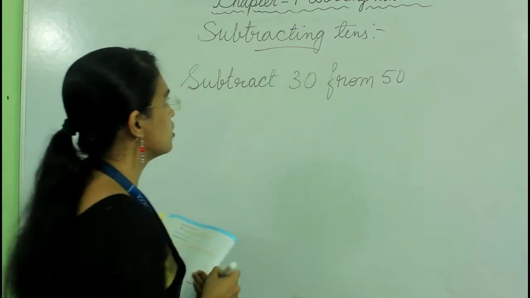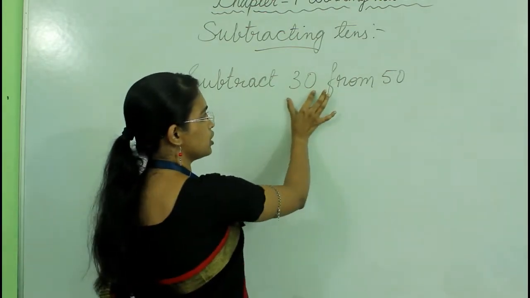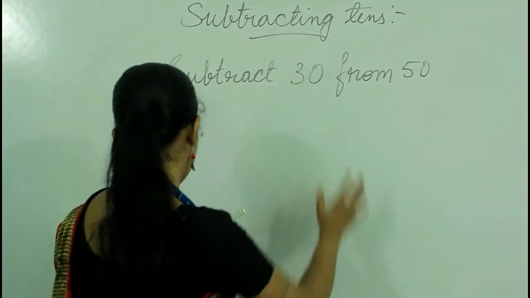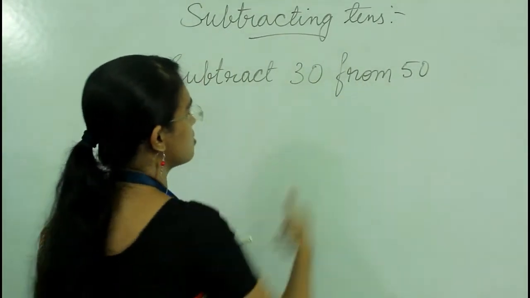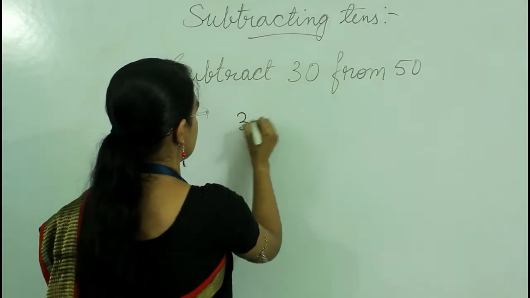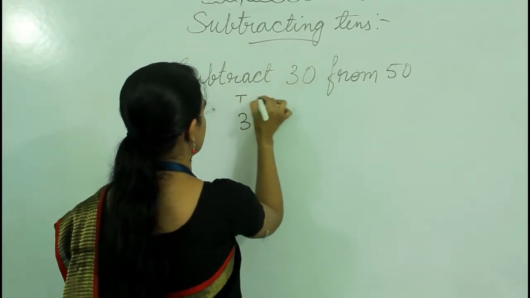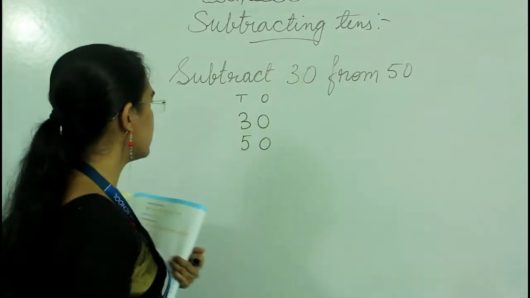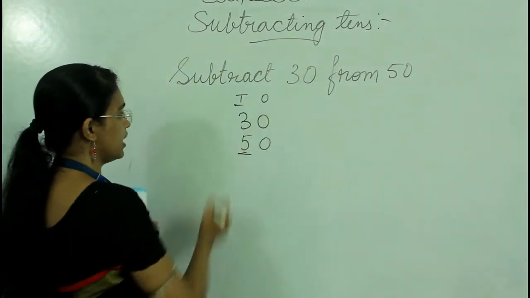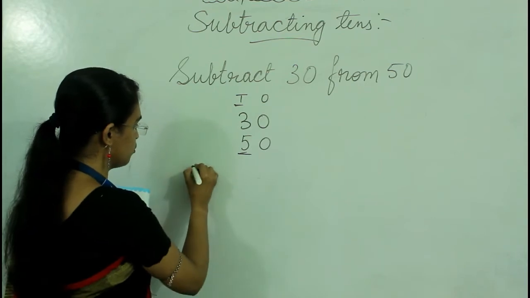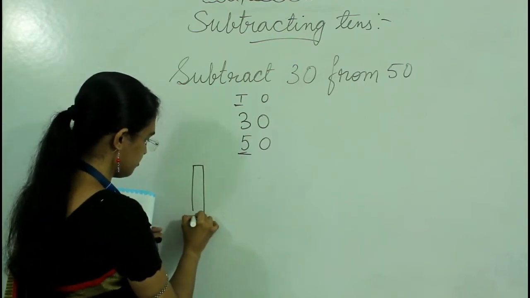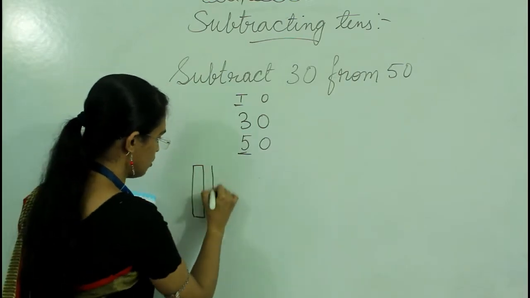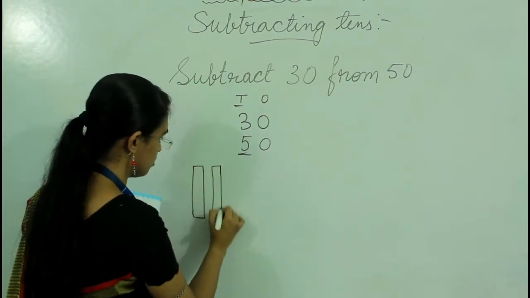Here we have a 2-digit number, and here also we have a 2-digit number. So we have 5 in which place? Here we have to draw 5 groups of 10 blocks.